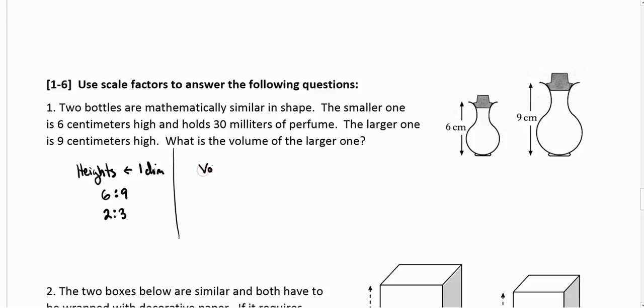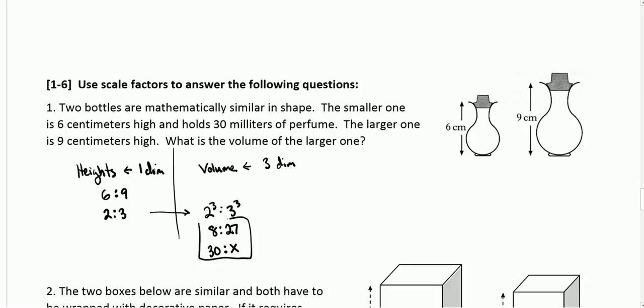We want to talk about volume, which is three-dimensional. So if we know our one-dimensional ratio, we can get our three-dimensional ratio by cubing the 2 and the 3, and we get 8 to 27. And we know that the smaller one holds 30 milliliters. Okay, so smaller is 30, and we have x for the larger one.